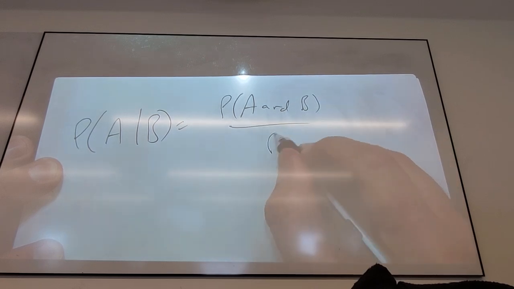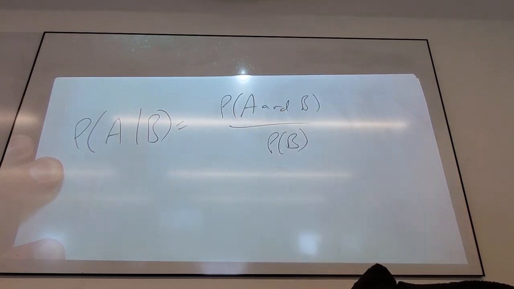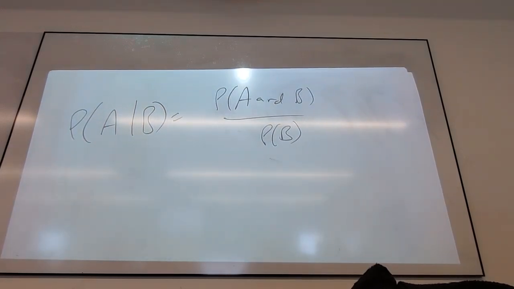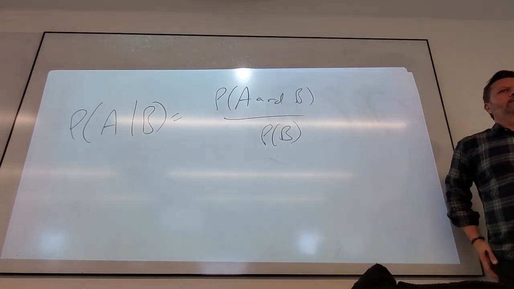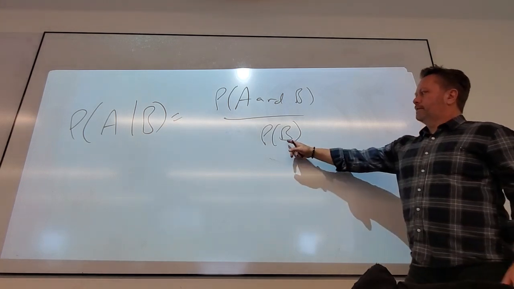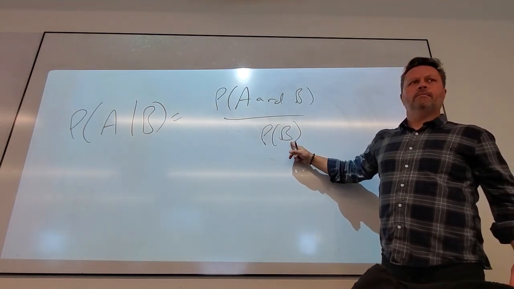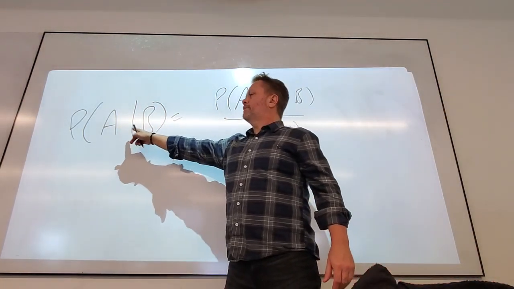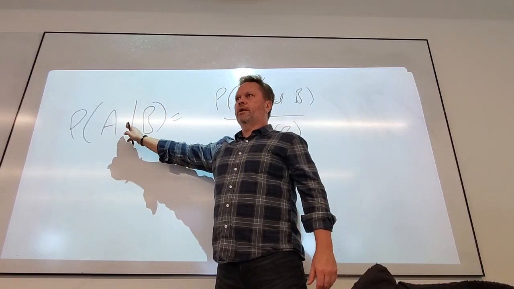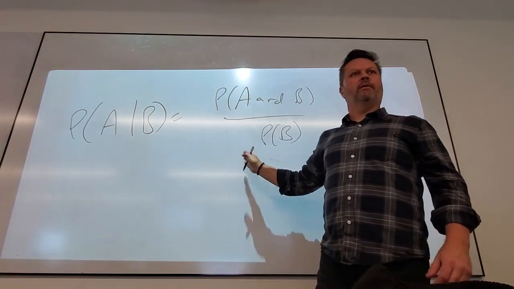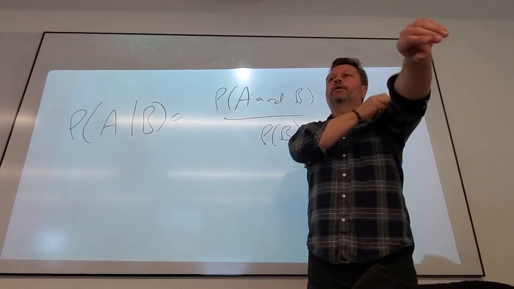Doesn't "and" show up in there? And real quick, why does it make sense that B is on the bottom? Because B is what I was given. So I know B happened, so my denominator should be based on B, because that's what happened.